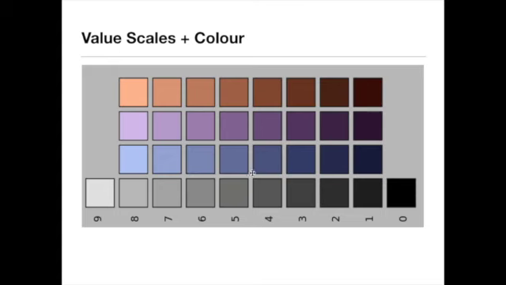And likewise, if I'm starting with 5 here as my main hue and I start adding black, I'm making different shades of that color. And different colors are going to react differently to the whites and the blacks overall. Okay? So value works with black and white media, but it also works with color as well.